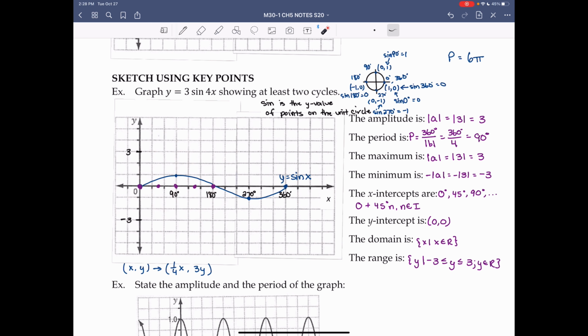You could also calculate what your max is going to be. So our max here is at x equals 90 and y equals 1. I can use mapping notation. (90, 1) becomes (1/4 times 90, and 3 times 1).